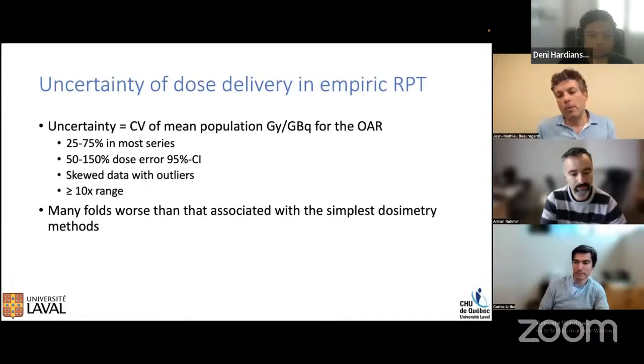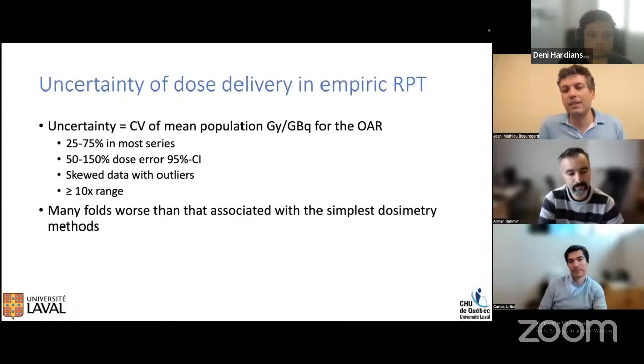But instead of comparing with the accuracy in external beam therapy, why don't we compare with what we get with the current practice of fixed activity radiopharmaceutical therapy? As we've seen earlier, we have coefficients of variation in the range of 25 to 75% for critical organs.